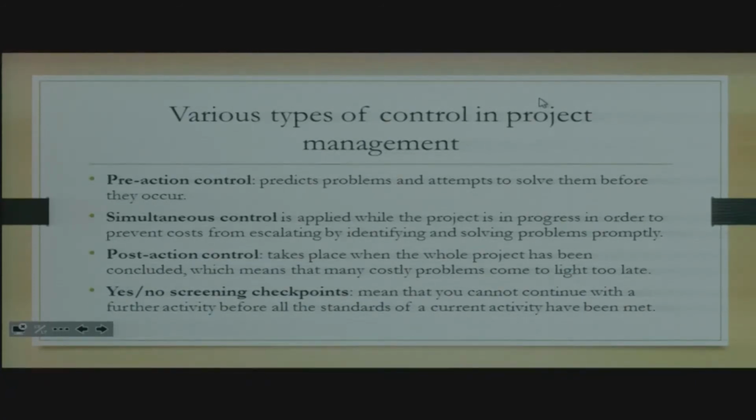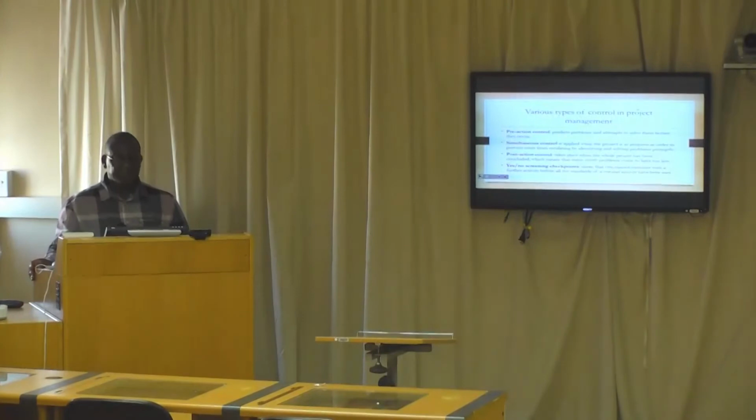So the ones that are much more ideal to always have are pre-action and simultaneous. When you do your planning, you always come up with those control measures. When you work, you come up with those control measures. But the post ones, you can still apply those, but it becomes too late.